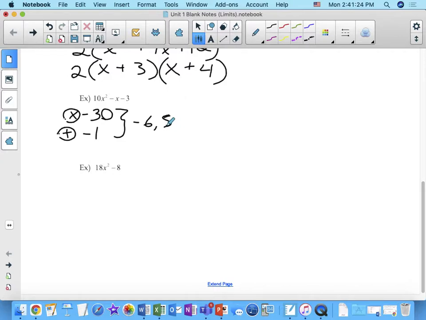Okay, so when you do it all on one line, what does that line look like? 10x squared minus 6x plus 5x minus 3. So this is called decomposition. Have you heard that term before? Because you're decomposing this middle term, negative x, into two terms.